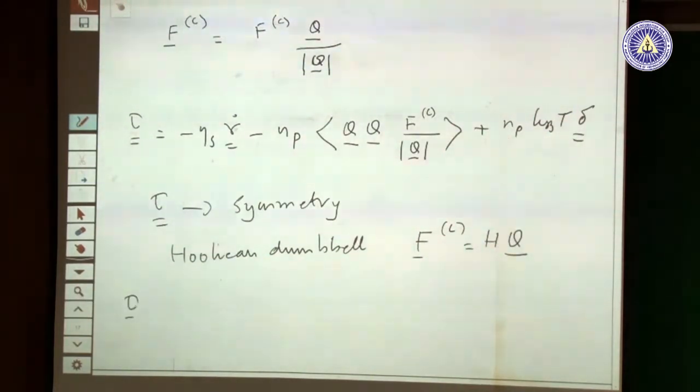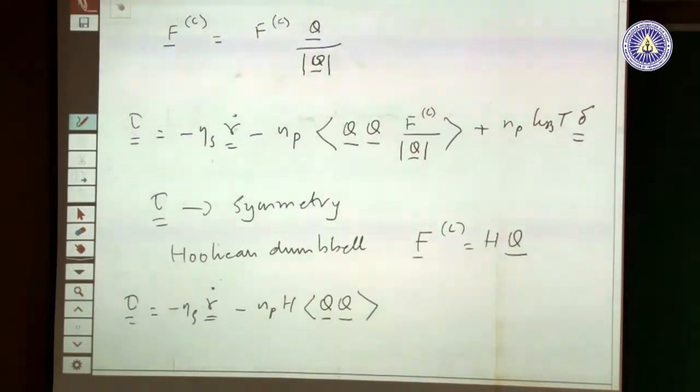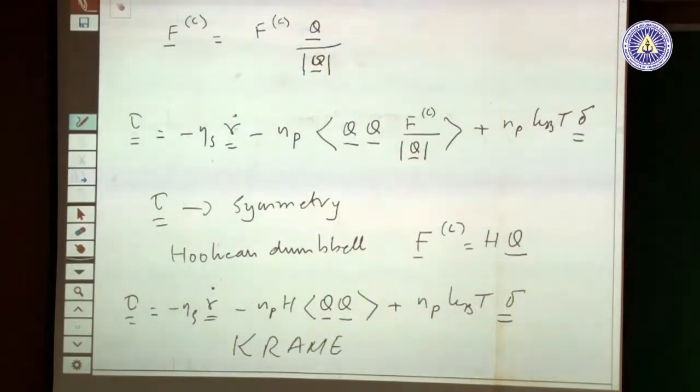So then tau would be minus eta s gamma dot minus np H times q q, plus np kBT delta. This is the famous Kramers expression for the stress tensor.